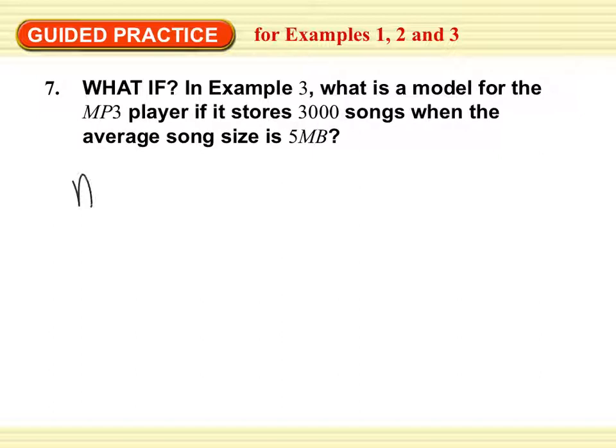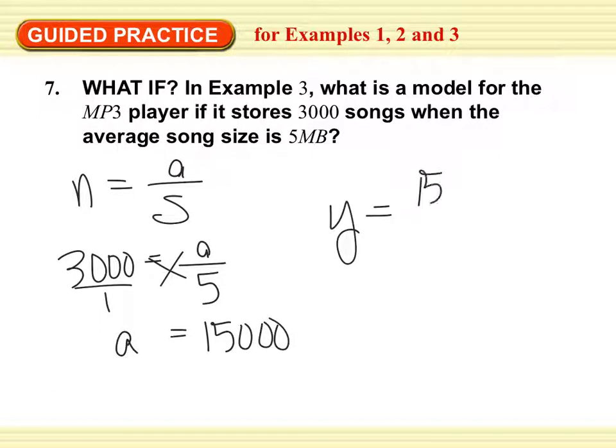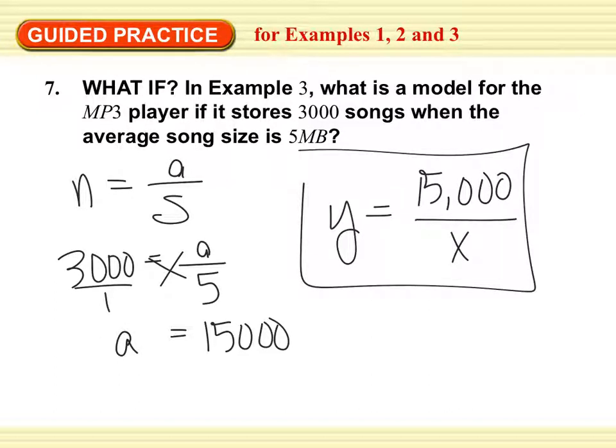So here we had N equals A over S. 3,000 songs is A over 5 megabytes. 15,000 is A. So my model would be N equals 15,000 over S. Not X, sorry. S. And not Y. Haha. You thought you were finding all my mistakes. There we go.